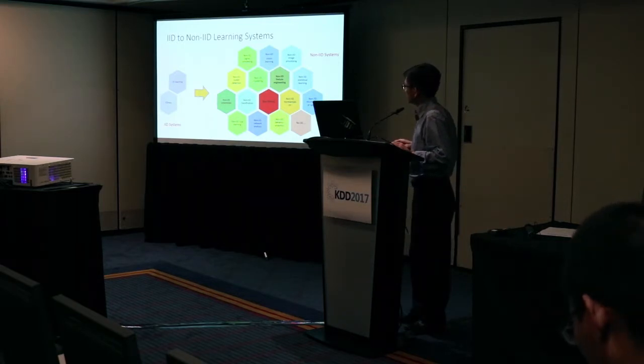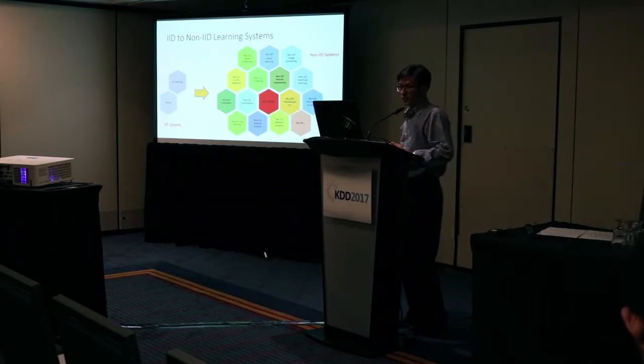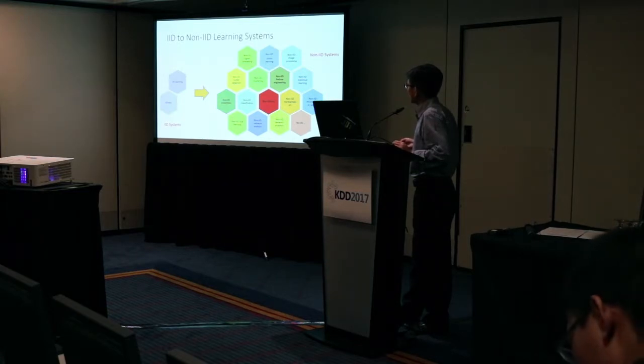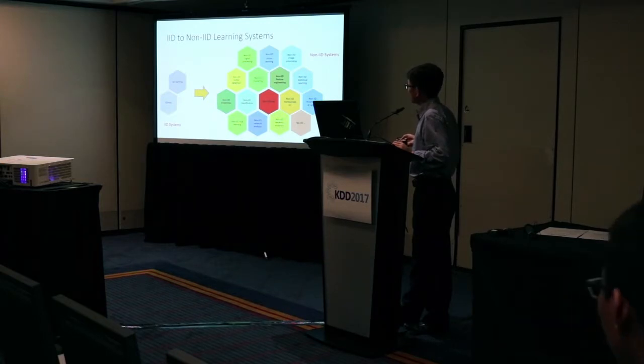We have been working with the IID assumption for many years, and the non-IID family covers many things: non-IID signal processing, vision learning, image processing, outlier detection, clustering, feature engineering, and statistical learning. Today I will also briefly introduce some of our work in statistical learning, and a non-IID ensemble example.